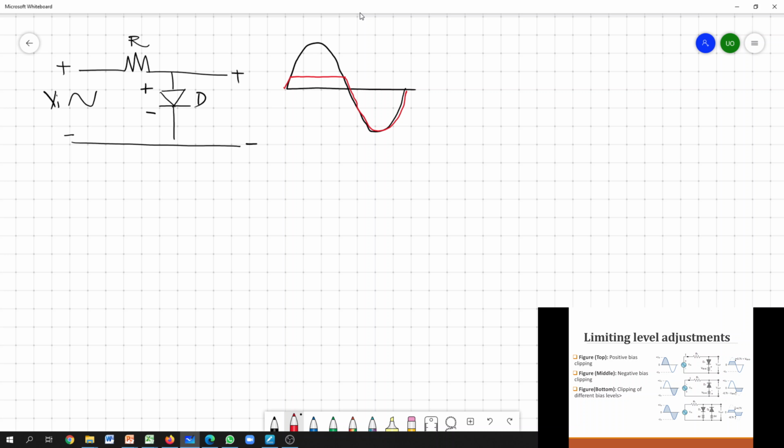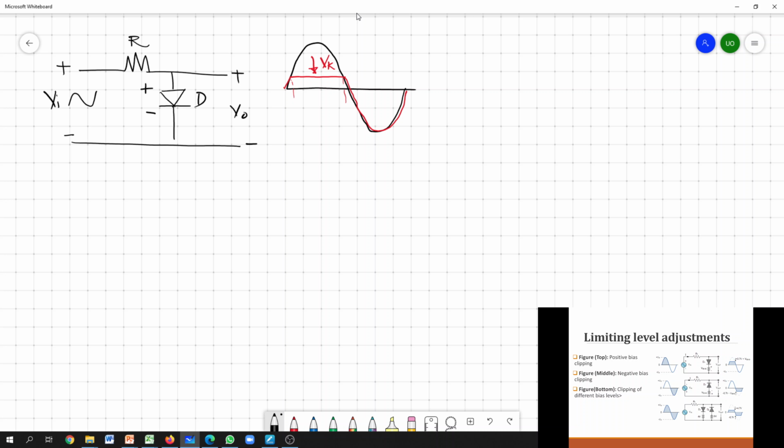So during this period, the output would be exactly equal to the knee voltage of the diode, and for the rest of the duration the output follows the input.